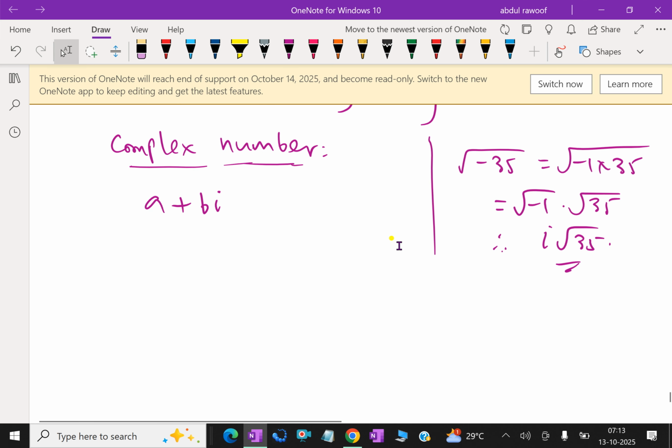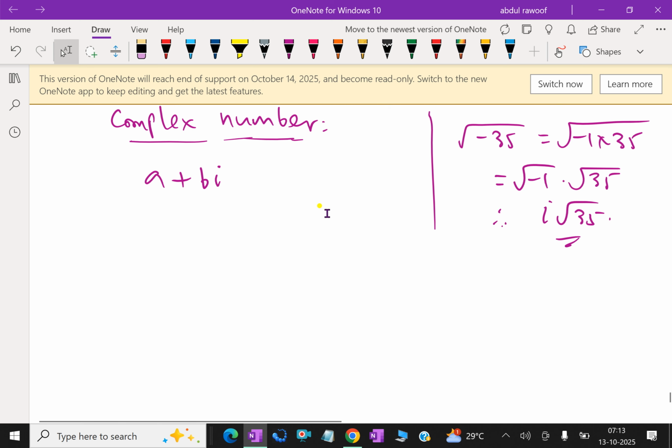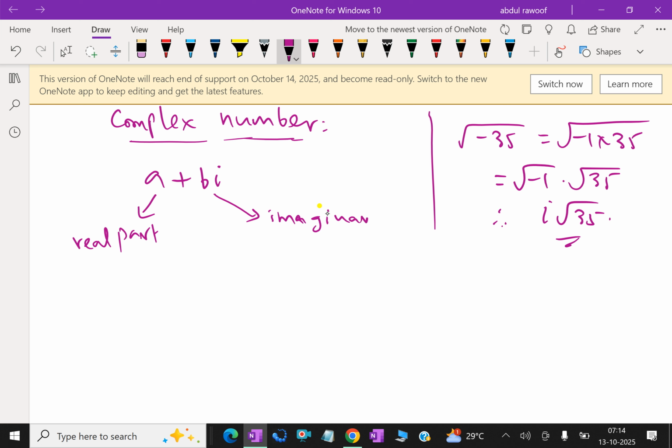The square root of minus 1 is the imaginary i, so we get i root 35. So in general, a complex number can be written as a plus bi. This is the real part. This is the imaginary part. Together, it is called a complex number.